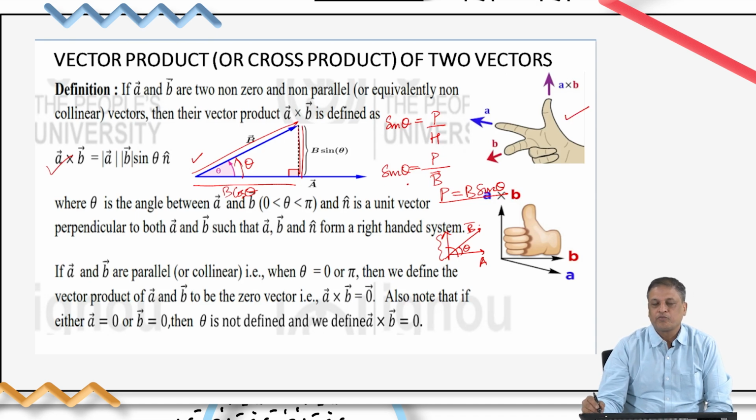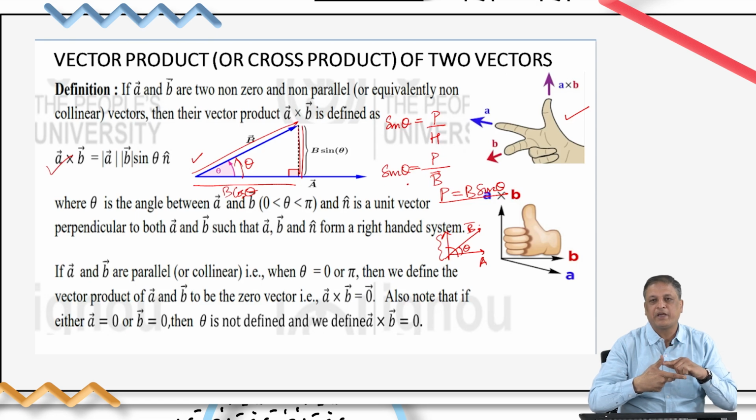Referring to this figure, say we stretch our fingers and thumb such that, let me show you, if I stretch my fingers in such a manner, then this finger represents vector B and the index finger represents vector A, and the cross product of the two vectors is given by A cross B. We already learned that if B is pointing towards me, then the negative of B will point away from me.